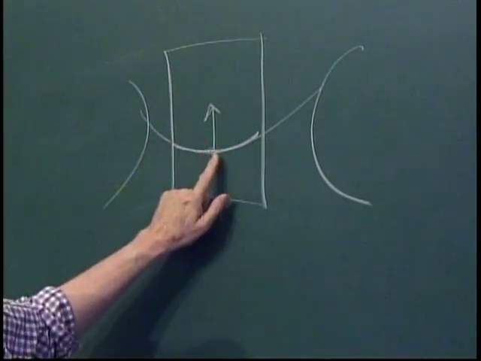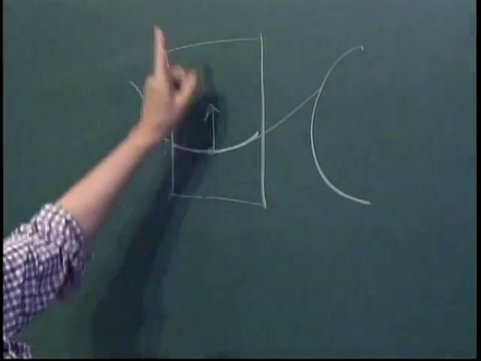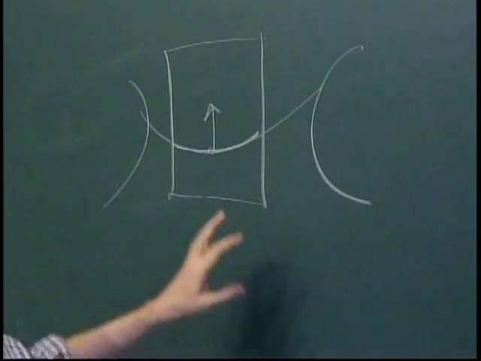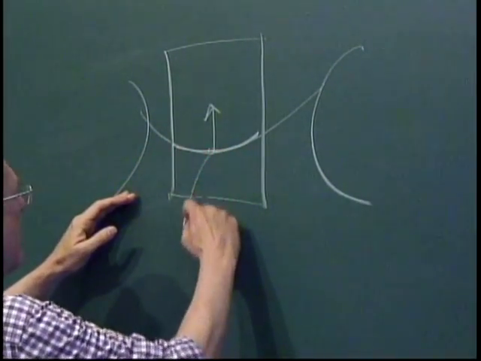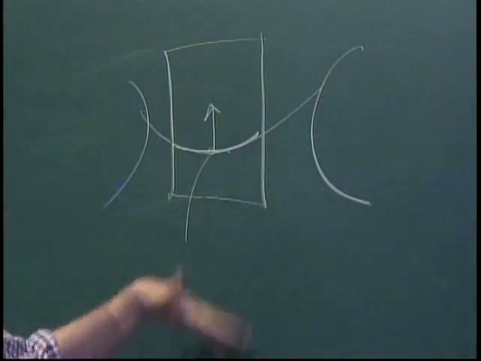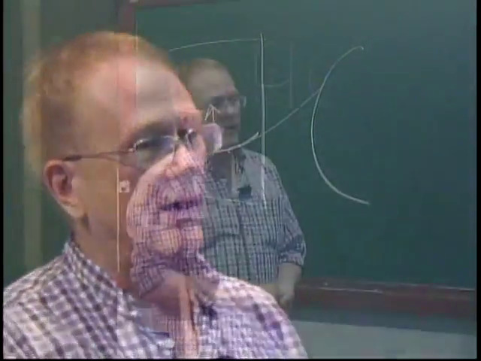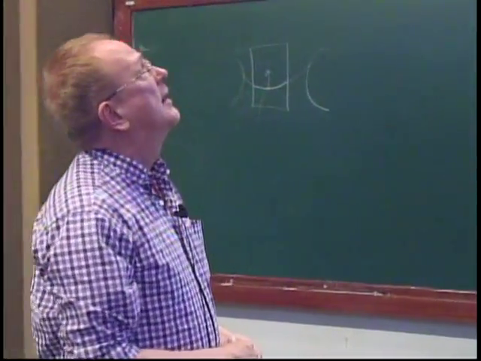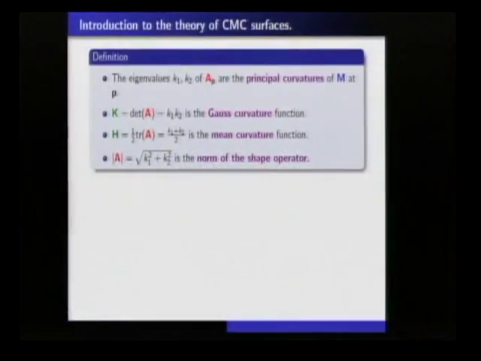In this picture it looks like it's pointed in the direction of the normal vector, but if I take a plane like this, it will go the other way. The principal curvatures, the eigenvalues of A, turn out to be the maximum and minimum of the curvatures, where the minimum might be a negative number. So we have a notion of which way the curvature goes: do we curve in the direction of the normal vector, or do we curve away from it?